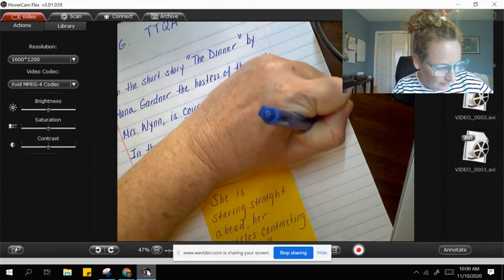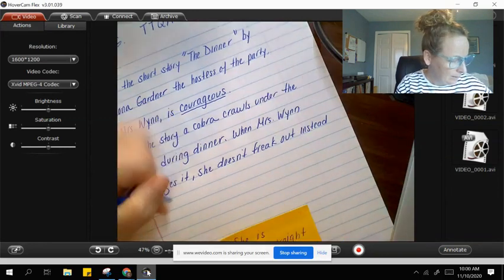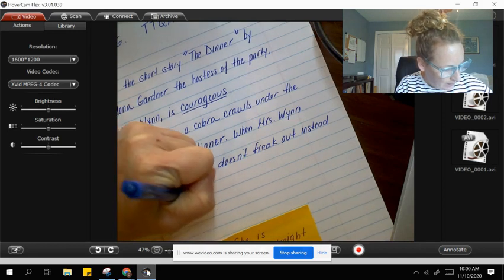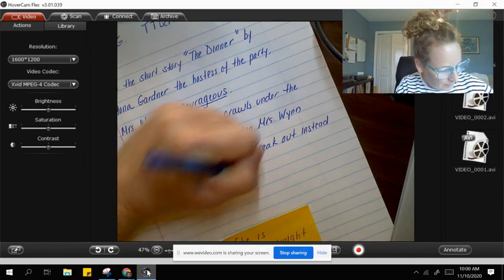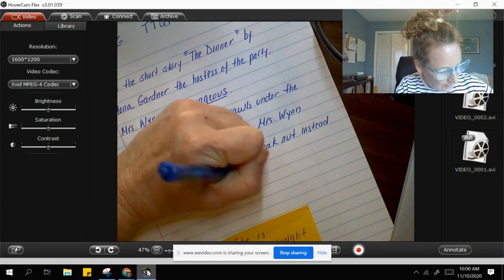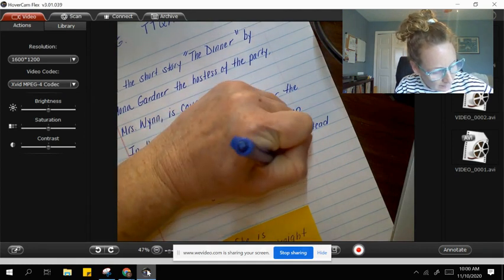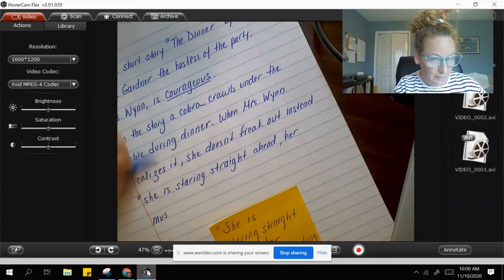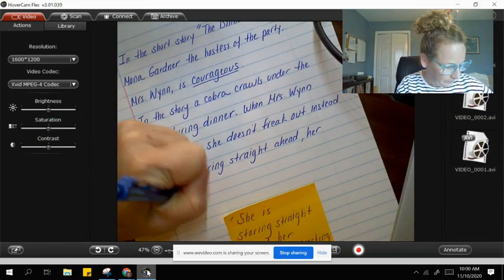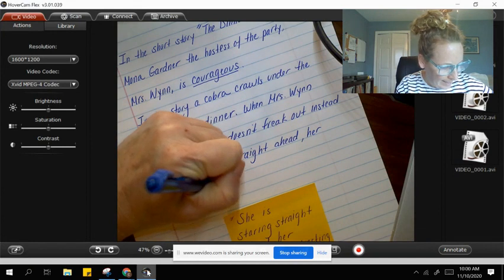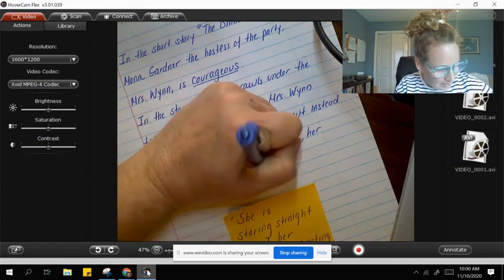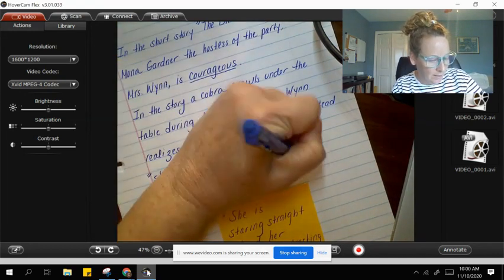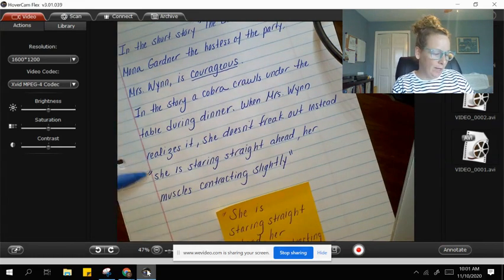Instead, she, and I'm going to put my quote, is "staring straight ahead. Her muscles contracting slightly." End quote.